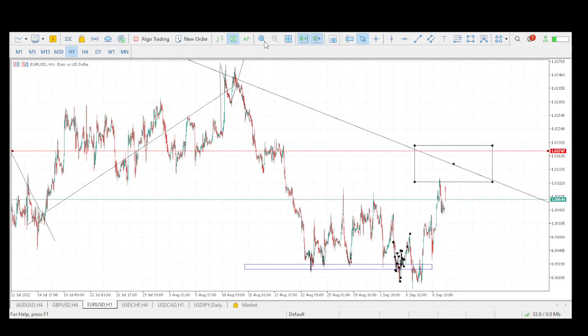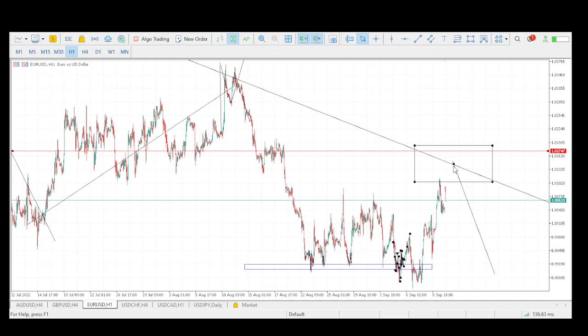So we are expecting price to come from this angle down to this place. It is possible the price comes lower than this, but let us watch.